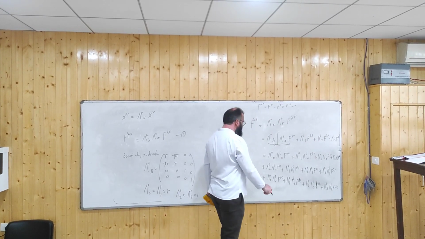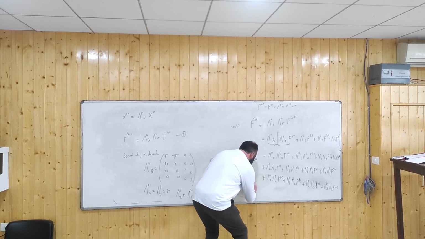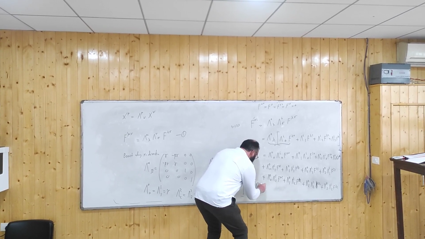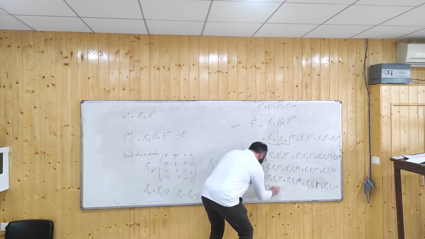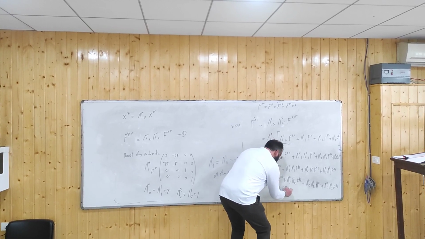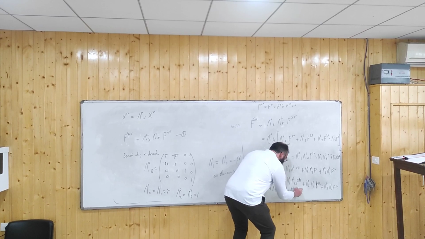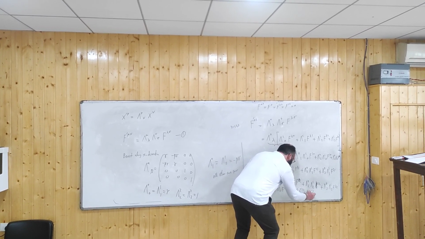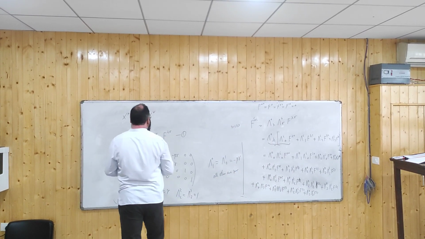Then the last term: lambda 0 0, lambda i 3, f0 3, plus lambda 0 1, lambda i 3, f1 3, plus lambda 0 2, lambda i 3, f2 3, plus lambda 0 3, lambda i 3, f3 3. Clear?